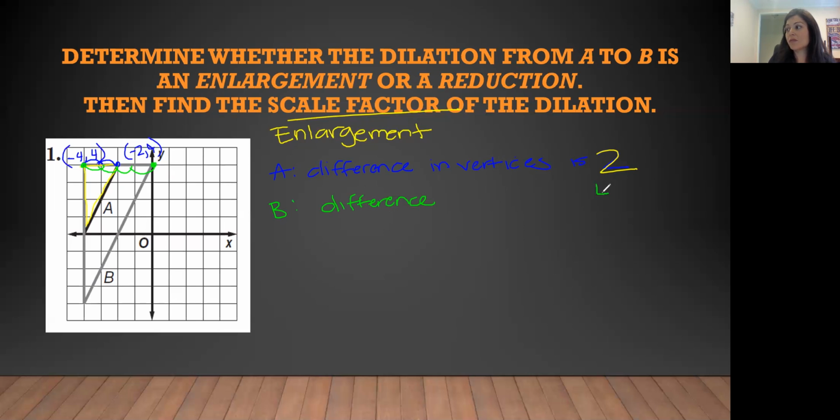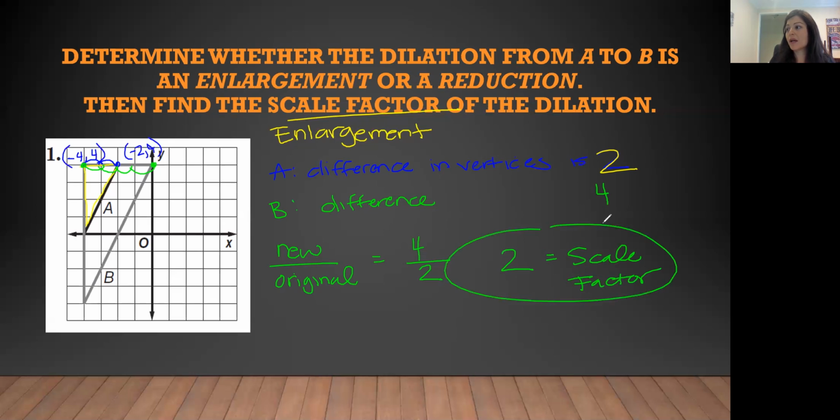Remember, to get the scale factor, we put the new image over the original image. The original was A, which is 2, and the new one was B, which was 4. So 4 divided by 2 is equal to 2. That is the scale factor. We already discussed that it was an enlargement. The scale factor is more than 1, which confirms that it's an enlargement.